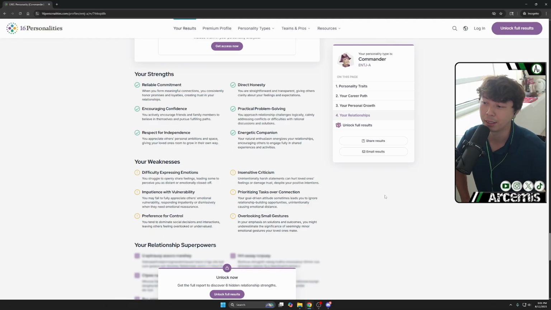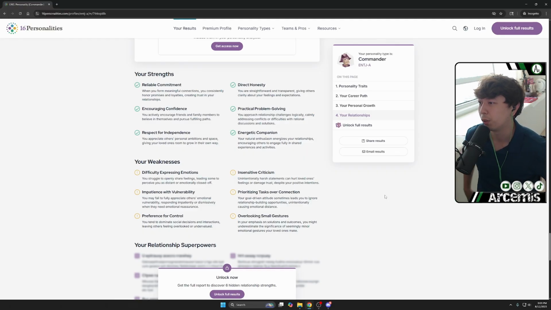I've had a couple relationships with partners who suffered through challenges like anxiety and borderline personality, so I've adopted major patience with vulnerability. Prioritizing task over connection. I think I do, to this day, struggle to balance my goals and my lifestyle with even myself, let alone my partner. So I think that is a pretty spot-on weakness right there.